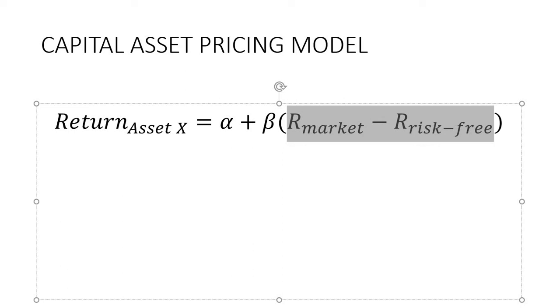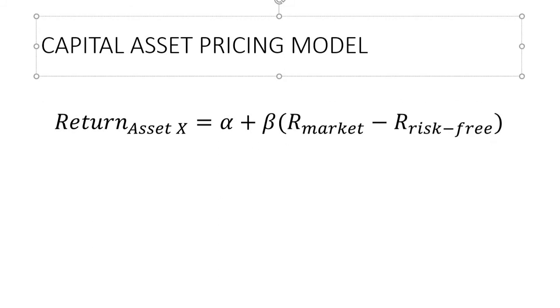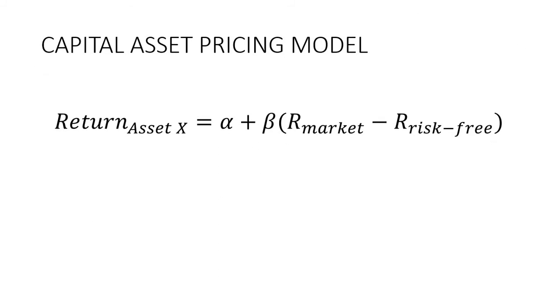So you subtract what you can get just if you invest in completely riskless asset from what the market can offer. Typically risk-free rate is assessed as government bond yields, like return on investing in government bonds, because they are assumed to be the least risky asset in the economy, but we are not going to use this variable because we are estimating this model just for demonstration purposes.